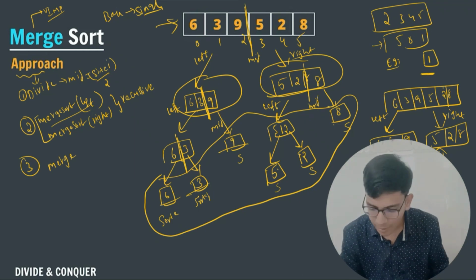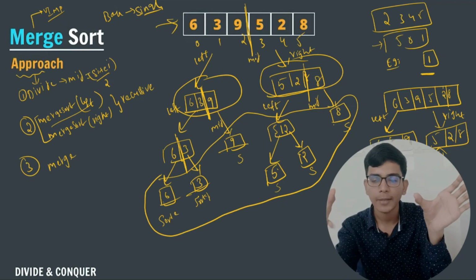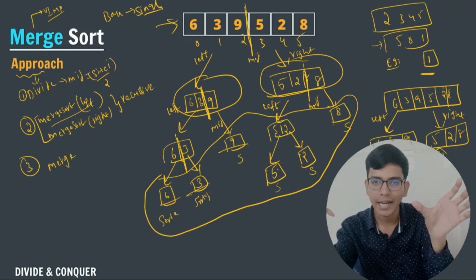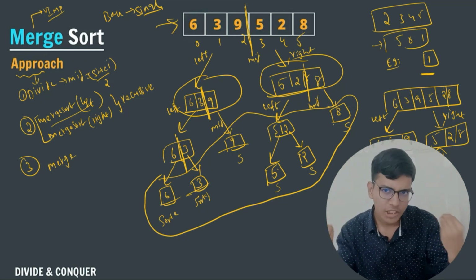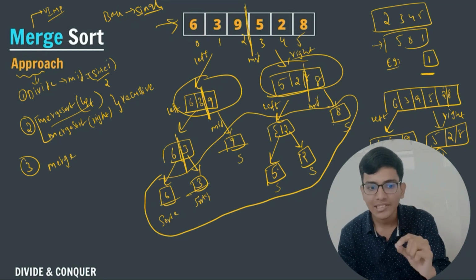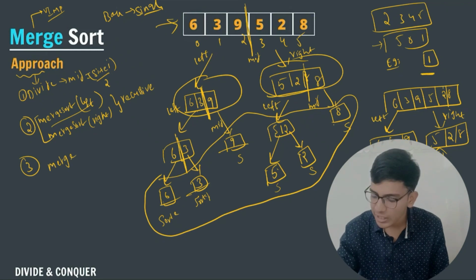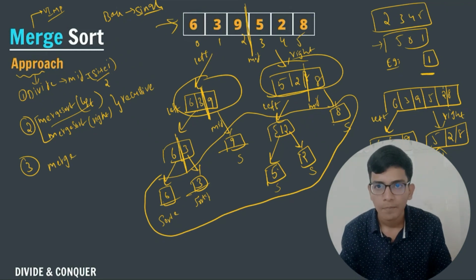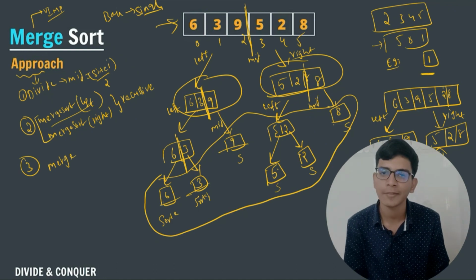By calculating the middle element, we divide the array into a left part and a right part. This division will be called continuously until I get a base case. The base case is a single element. If I get the base case, then I will stop dividing, because I can't divide a single element, as there is only one element present.